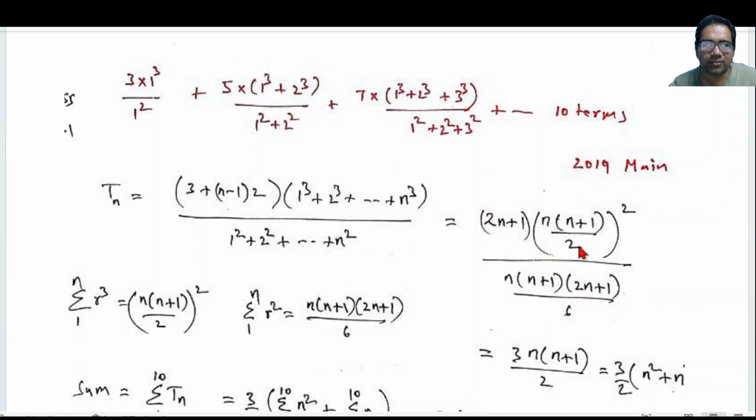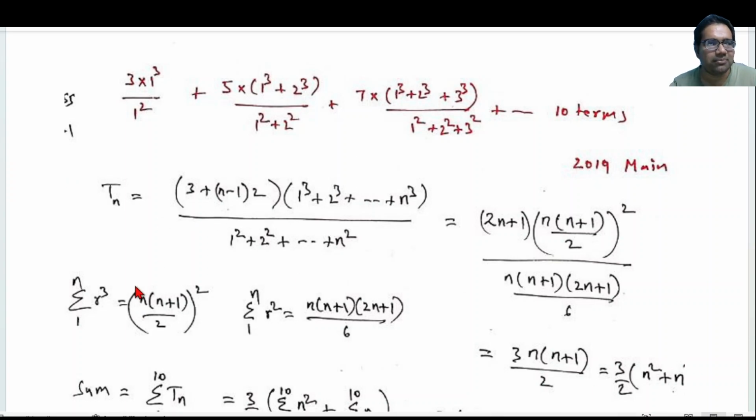Here we have 2 square, that means 4. 6 by 4 becomes 3 by 2. So we have 3 by 2 into n into n plus 1, which is 3 by 2 into n square plus n. Basically our nth term has become 3 by 2 into n square plus n.